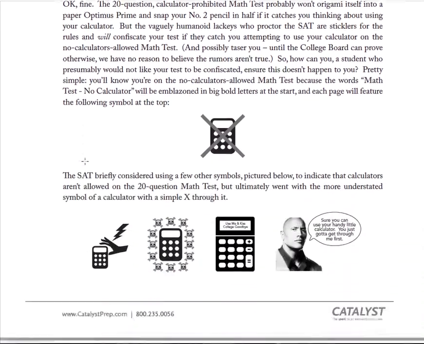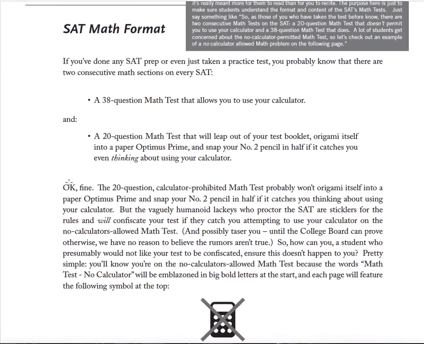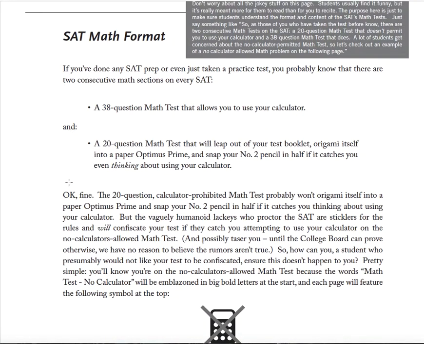And for the SAT math format, as it says here, there's a lot of text on this page. Students generally find all this stuff kind of amusing, but it's really meant to be read on their own, versus read aloud. This is a quick page where you only have a couple of points, really just two main points.